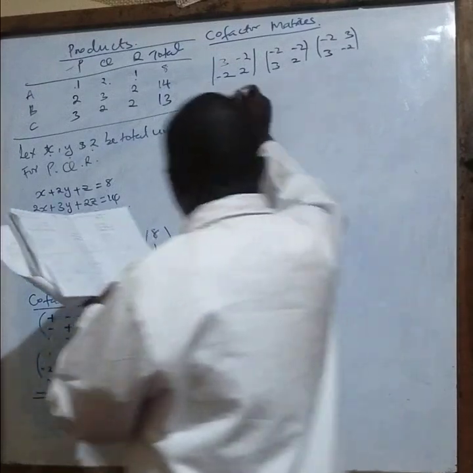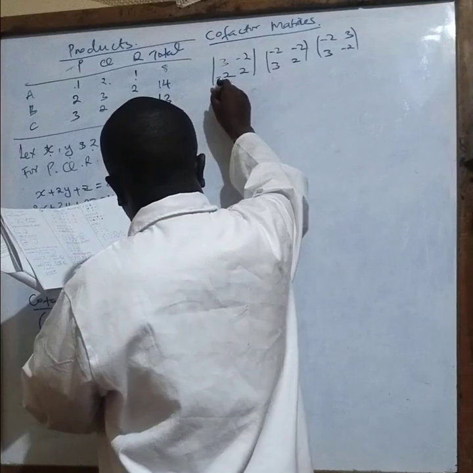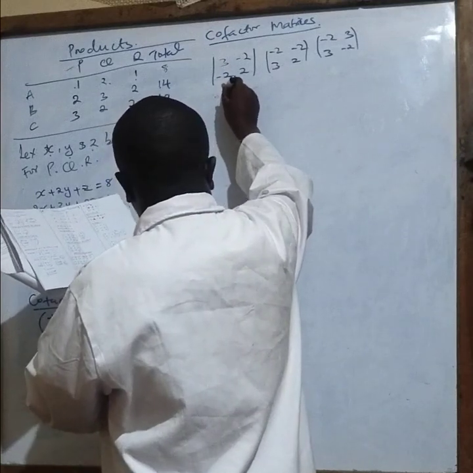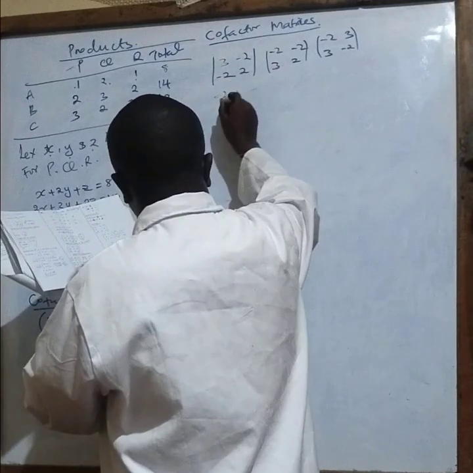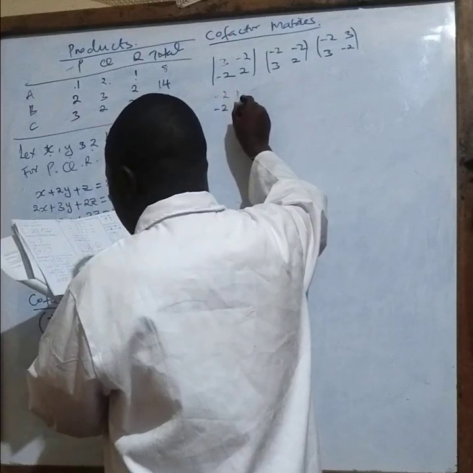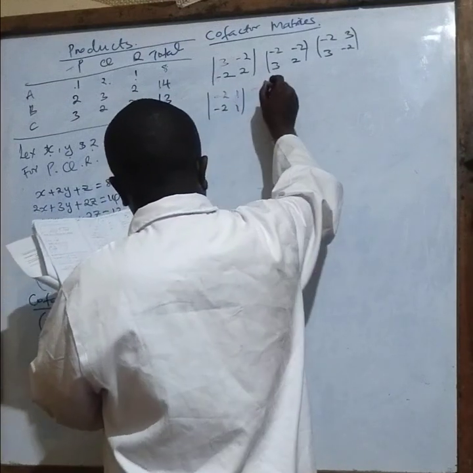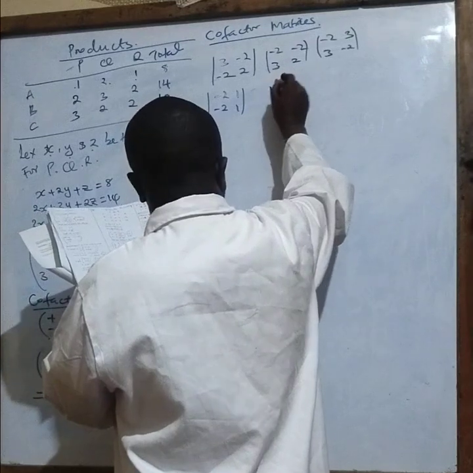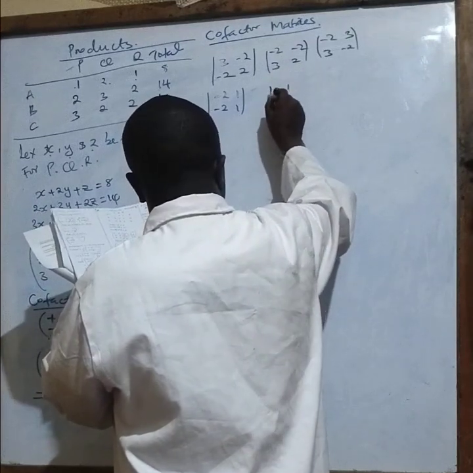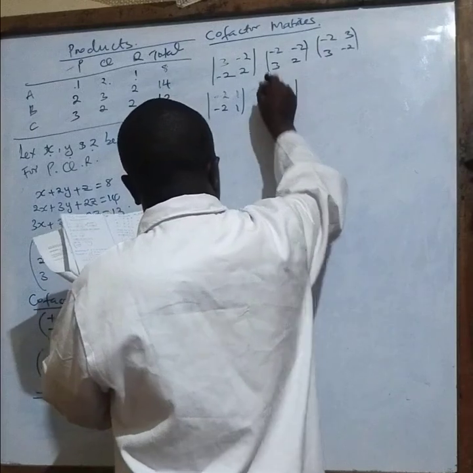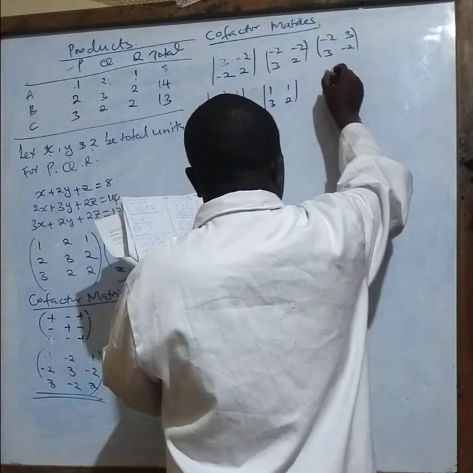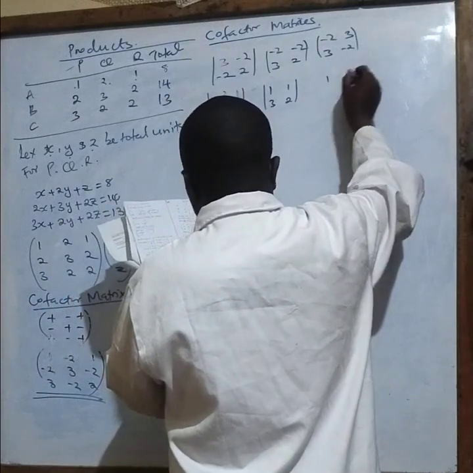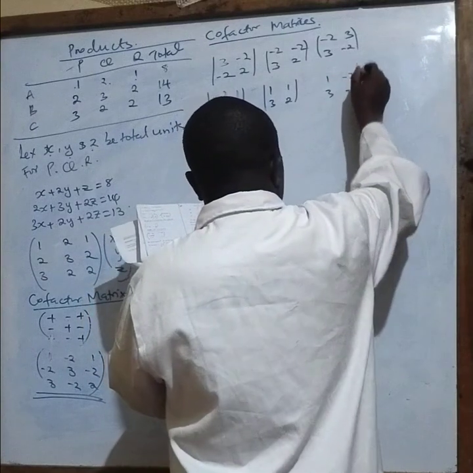The second, you will have now -2, 1, -2, 1. Then that is like that. You go to the second, that is 1, 1, 3, 2. And the last one is 1, -2, 3, -2.